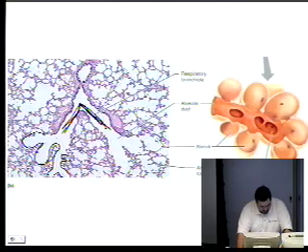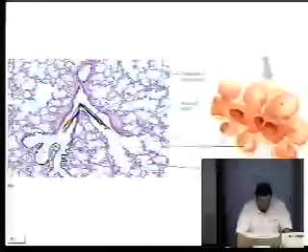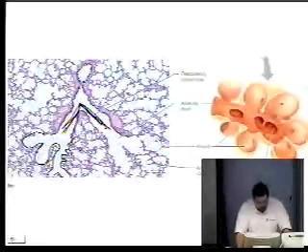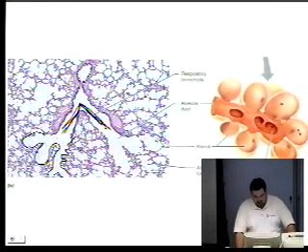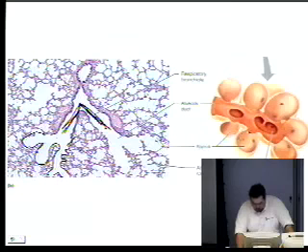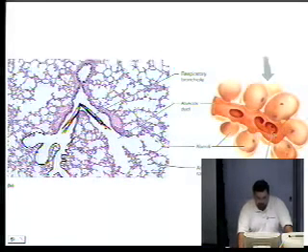You can see each of the little alveoli and the alveolar sacs. So it's a pretty good cross-sectional plane of the alveolar structure. And this little space right before the alveoli is called the atrium.